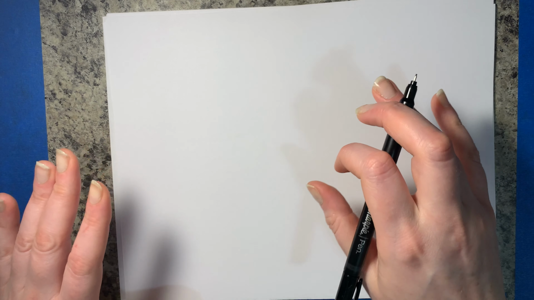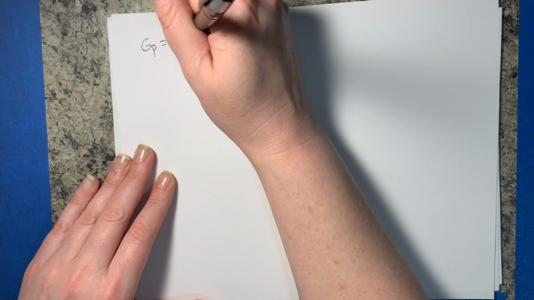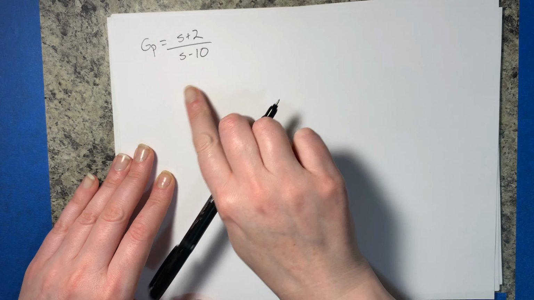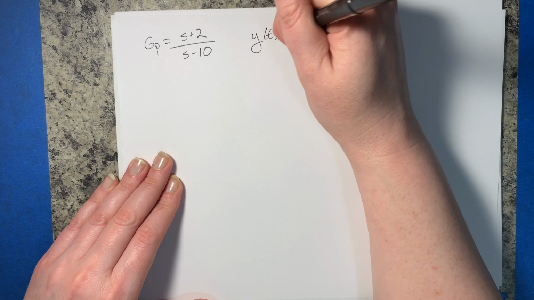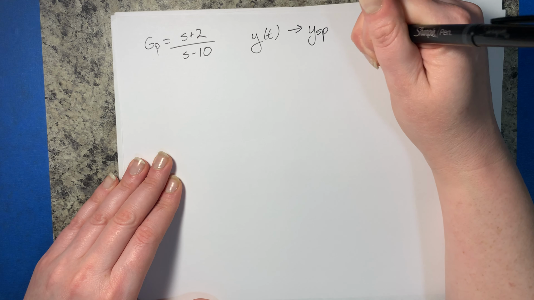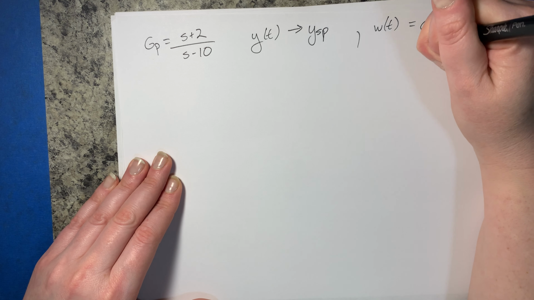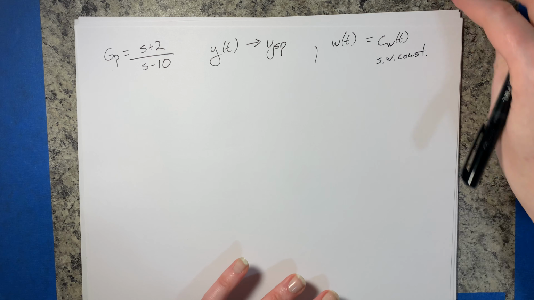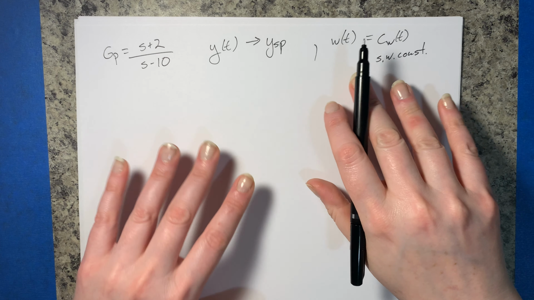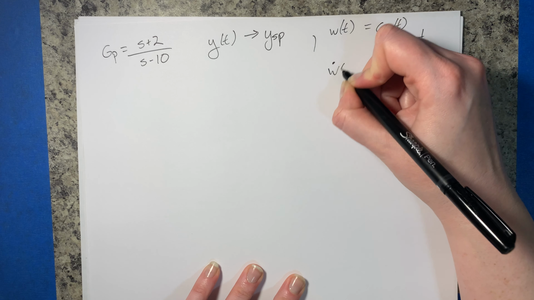Let's say now we have a case of a disturbance. Again, our GP is S plus 2 over S minus 10, the same GP that we were just looking at. We still want to go to a certain specified set point, but now we have a disturbance that is a stepwise constant. We were talking about this before in our free S video, and we want to look at the derivative of the disturbance.